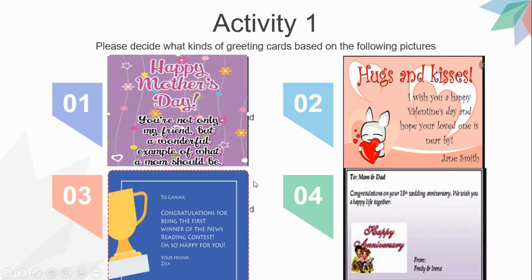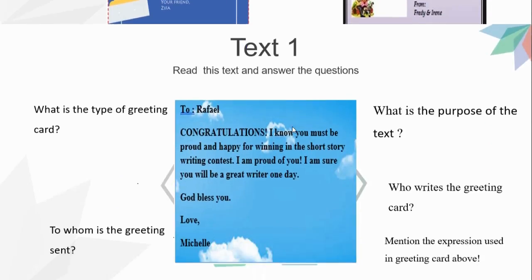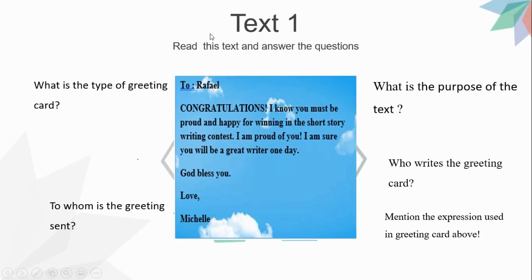So the material that we can use is like what I show here. We provide many kinds of greeting cards, and then we ask our students to decide the kind of greeting card based on the following picture. Okay, so I think it's not quite difficult for our students. Next, we continue to the next text.